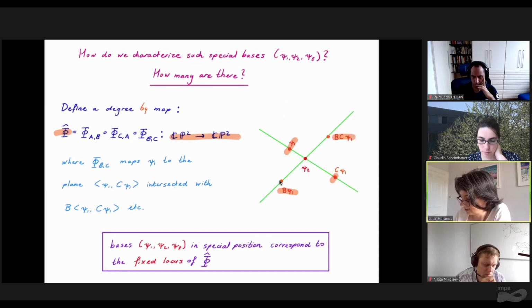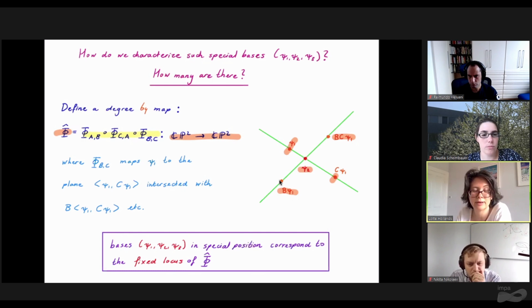If you look at this carefully, then you'll find that if psi1, psi2, and psi3 were a special basis, then the intersection will be the element psi2 of the special basis. And so if you look at the composition of all of these three maps, then you'll find that the fixed points of this map correspond to the special basis.